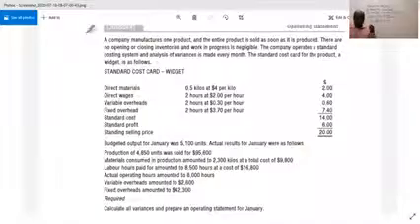They have given us the standard cost card for the product, which is a widget. The standard cost card gives us direct materials, 0.5 kilograms at $4 per kilogram.